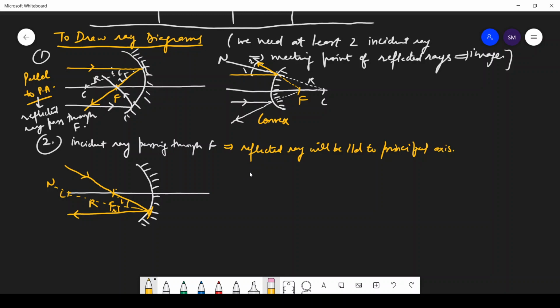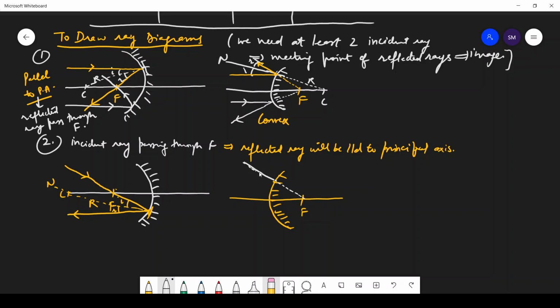Now what will happen if you have a convex mirror? For a convex mirror, the focal point is behind the mirror, and now the incident ray will be coming such that it is going to meet this focus.